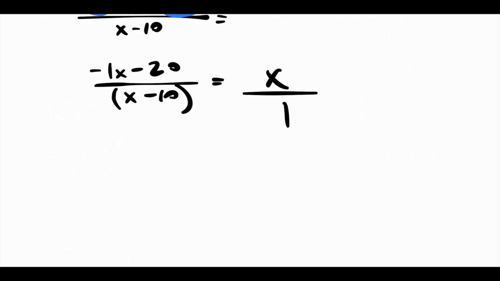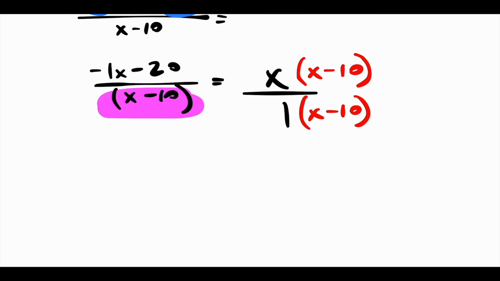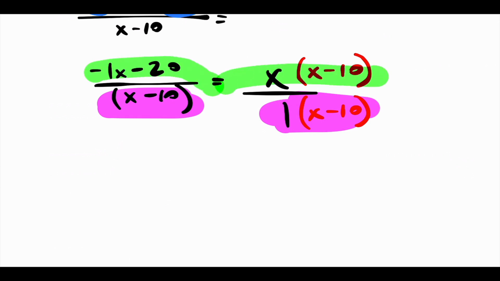What does this guy need right here? An x minus 10, right? So let's give it an x minus 10 multiplication wise. In order for me to do that, what else do I have to do? I can do that. So now they have common denominators.